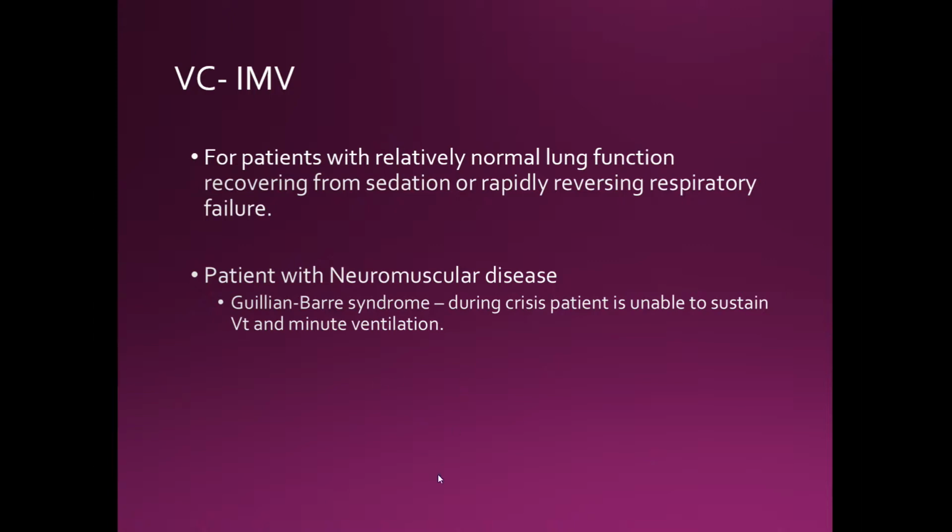So patients with neuromuscular diseases, especially Guillain-Barré, during crisis, the patient is unable to sustain minute ventilation and tidal volume. This is where your bedside parameters come into play. You're going to check your NIF, your MIP, your vital capacity.